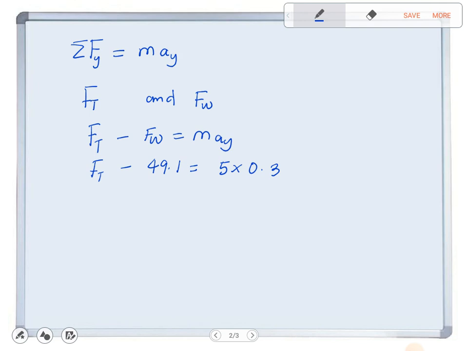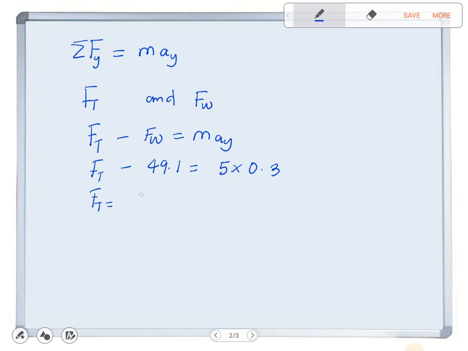Now the only thing is for us to punch this on the calculator. We have Ft is equal to, so let's get ourselves a calculator first. We have 5 times 0.3.